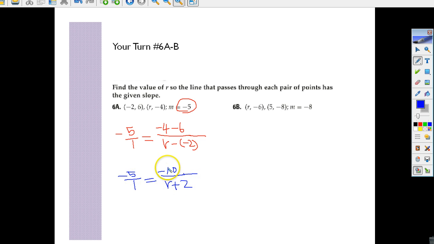Now you're going to cross multiply and solve for r. What I would suggest you do before that, just make this into positive by multiplying each side by negative 1. So now you have 5 times, oh my gosh, I realize I'm doing the whole problem for you. So now just solve for r and tell me what r equals.